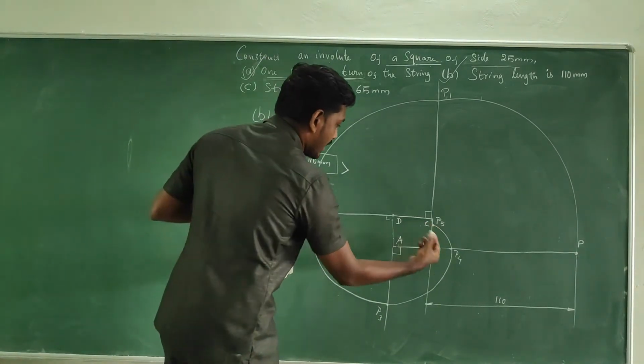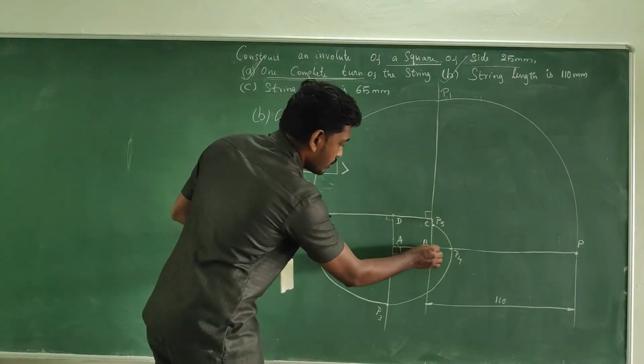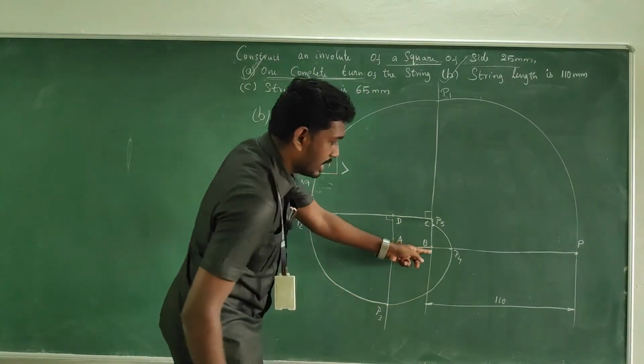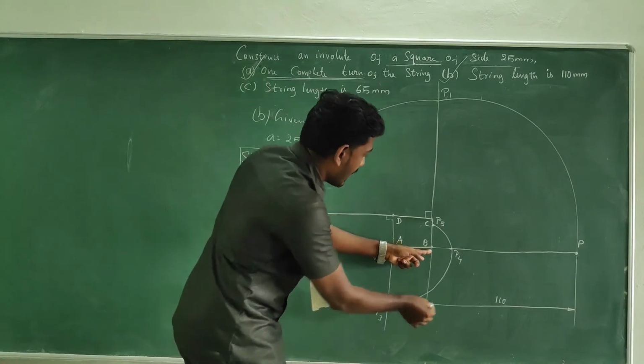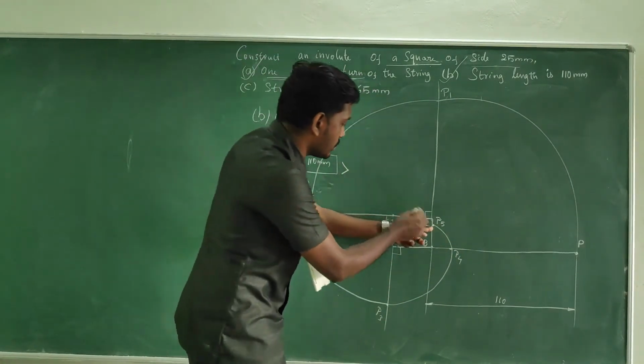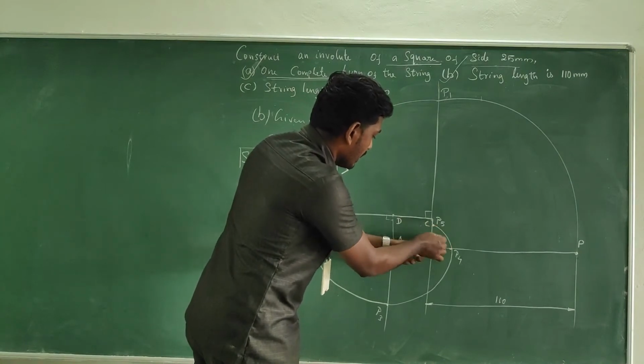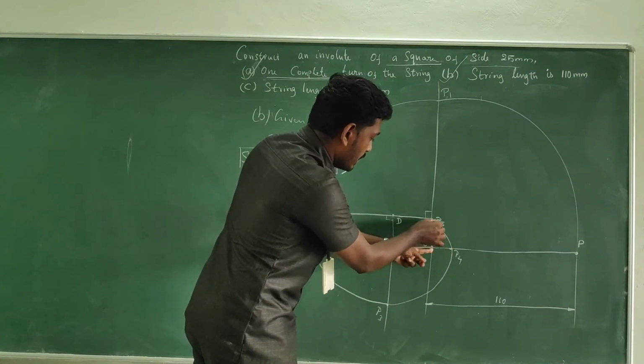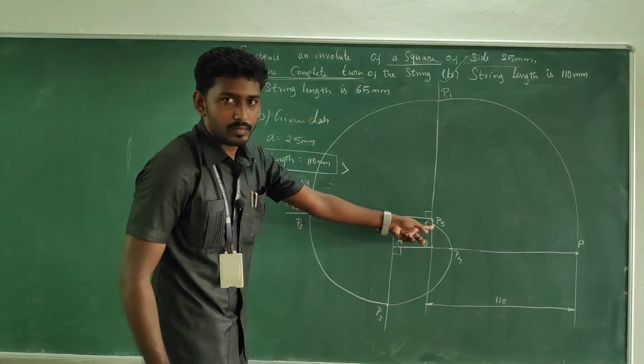See, in the previous case for 110 it just ended at B, but here it exceeds B, and it is going along the edge B to C, right?